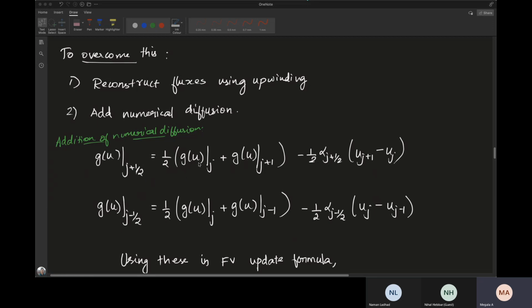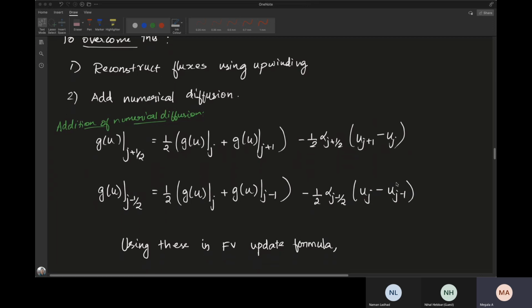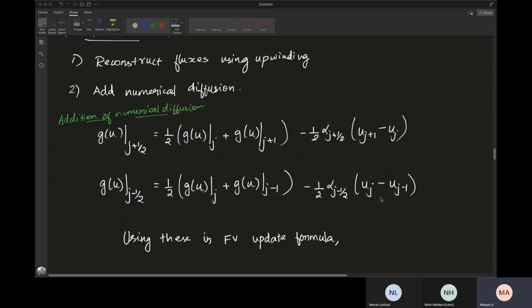So G at j plus half is half of G at j plus G at j plus 1, plus you add some quantity: minus half alpha j plus half into U j plus 1 minus U j. Similarly, for G at j minus half, we add another quantity, which is a backward differencing. So here we have a forward differencing in space, and here we have a backward differencing in space.